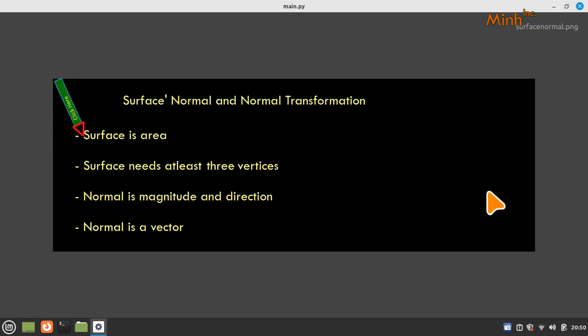Okay, so the discussion is on surface transformation and normal transformation, and how they are related to each other.